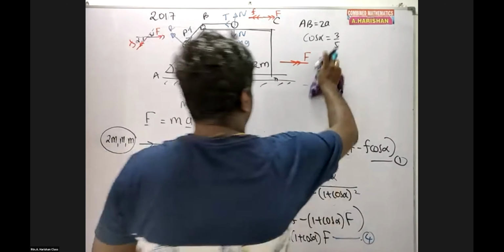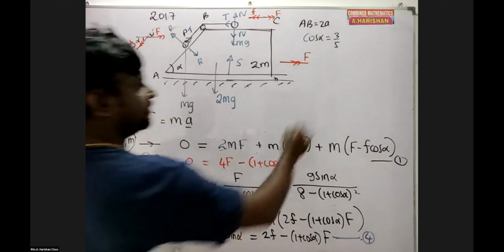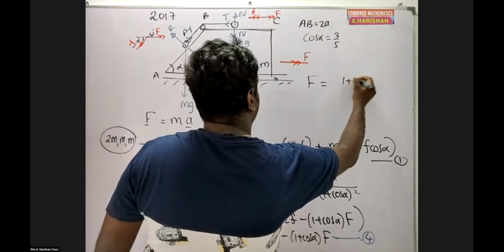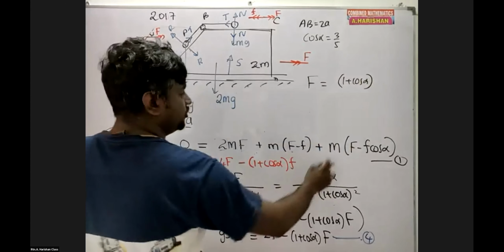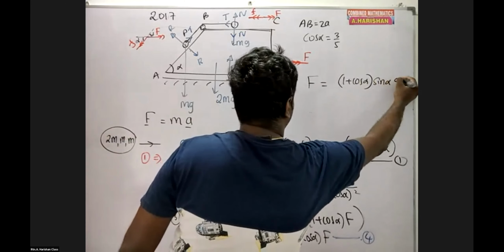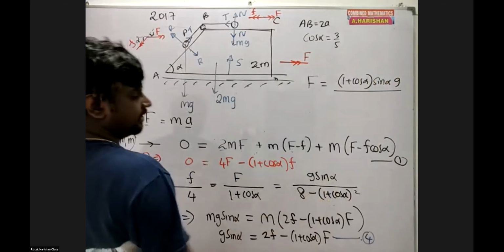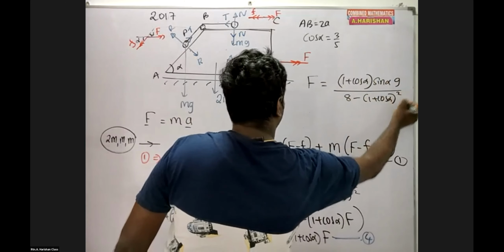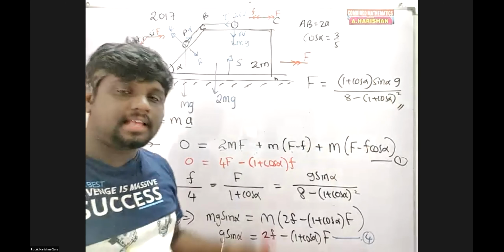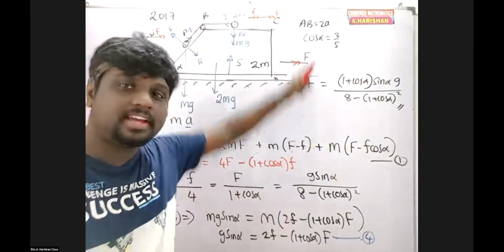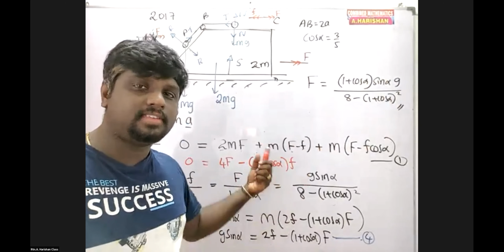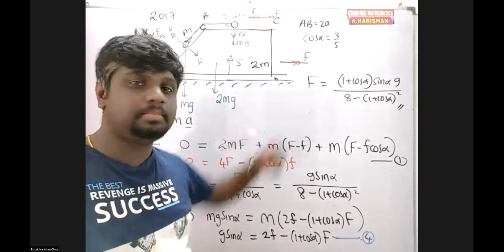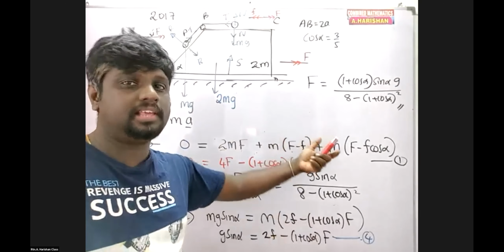So I erase here. So tell me, what is capital F? Capital F is, if you cross multiply, 1 plus cos alpha into g sin alpha, so sin alpha into g over this part. If you want, you can expand the whole thing. But actually, they ask for numbers because sin alpha and cos alpha are given. So now we can substitute. Why do I do it like this? Because if they give alpha without giving these numbers, you will be doing it like this, no?